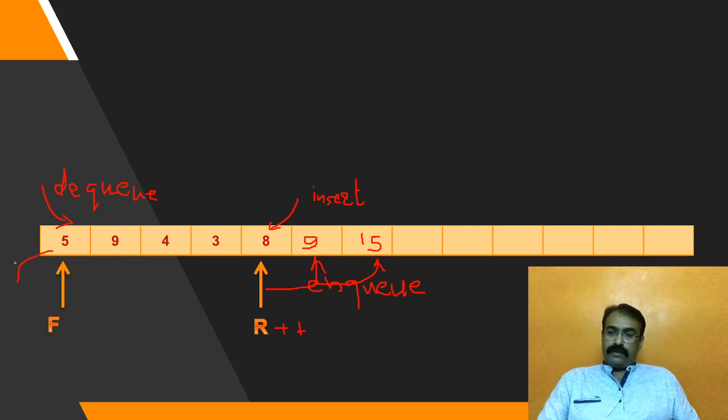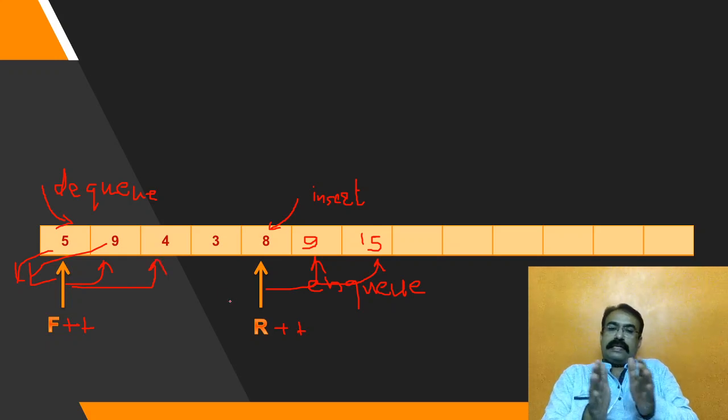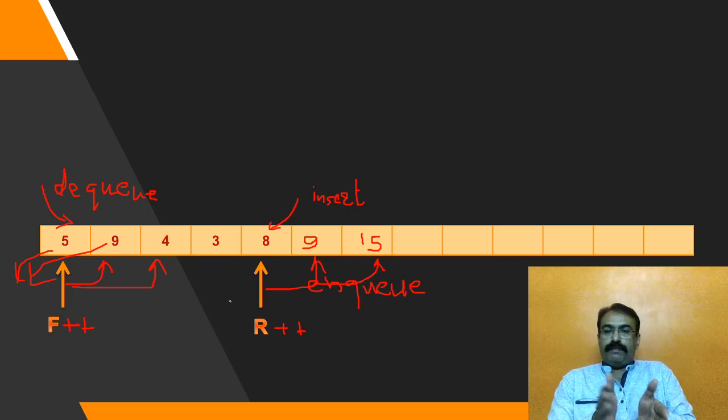Let us say that 5 is deleted, front will be incremented and will point here. If 9 is removed, front will be incremented and will point to 4. This way, front and rear are manipulated depending on deletion and insertion of an element in a queue respectively. This we have already seen.